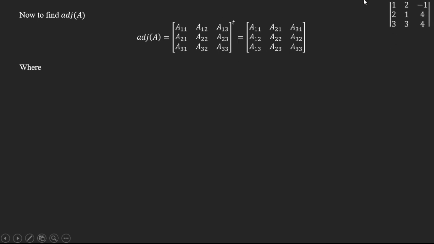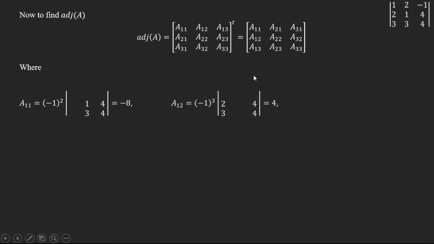As I told you, for A11 we ignore that column and that row, so we get 1 4 3 4, and you need to write (-1) to the power 1 plus 1, which is 2. When you expand it, 4 1s are 4, 4 3s are 12, 4 minus 12 is minus 8, and (-1) squared is plus 1.